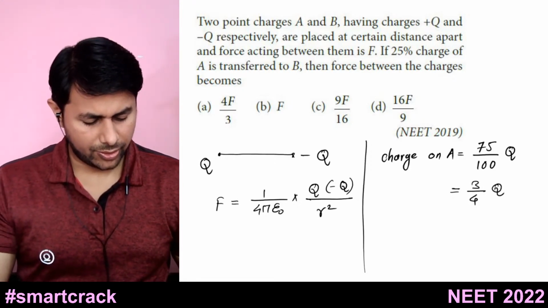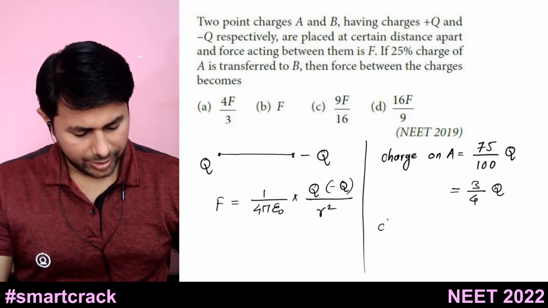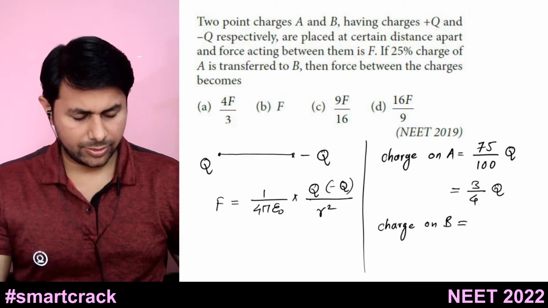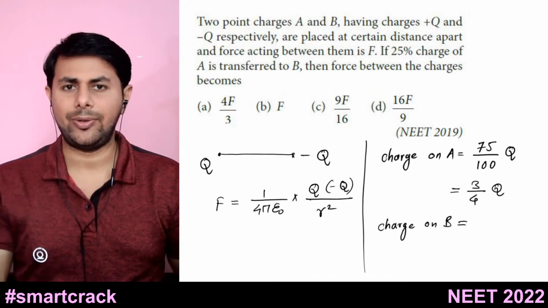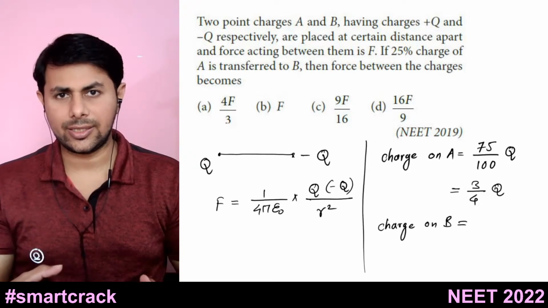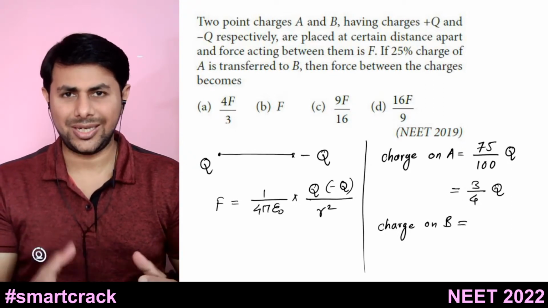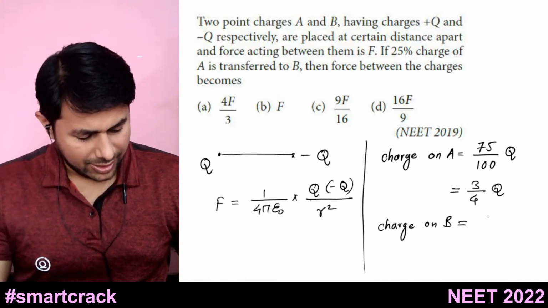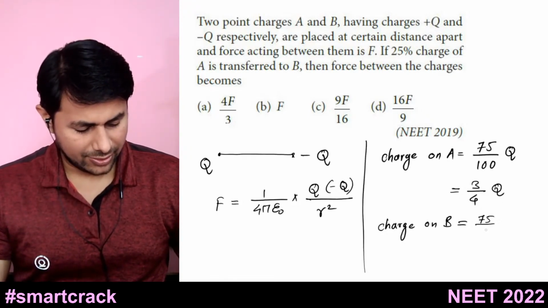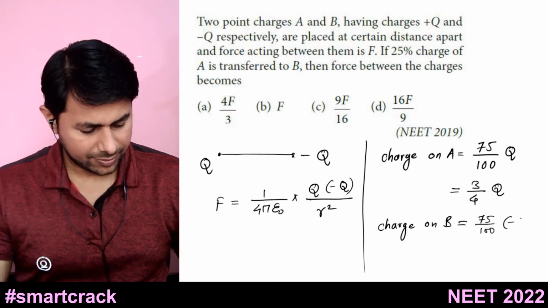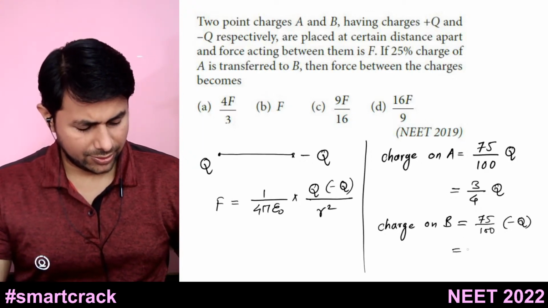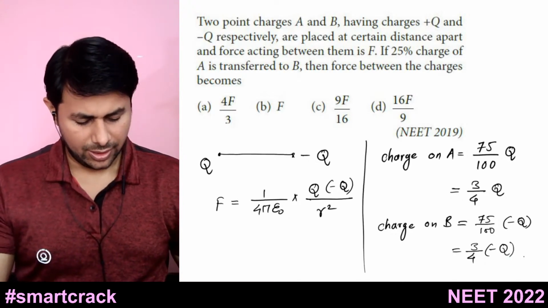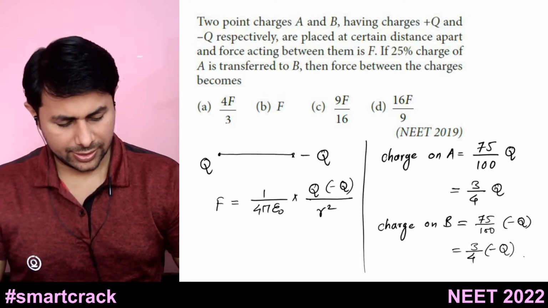So 3 by 4 of Q. And the charge on B will be what? Because we are adding 25% positive charge, it cancels out with 25% of the negative charge. So how much negative charge is left there? Again, it is 75% of minus q, so it's 3 by 4 of minus q. Very simple. And now what will be the force is the question.